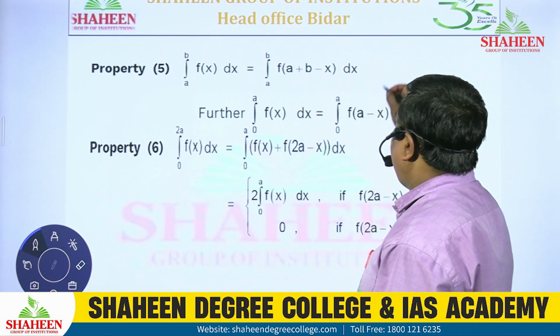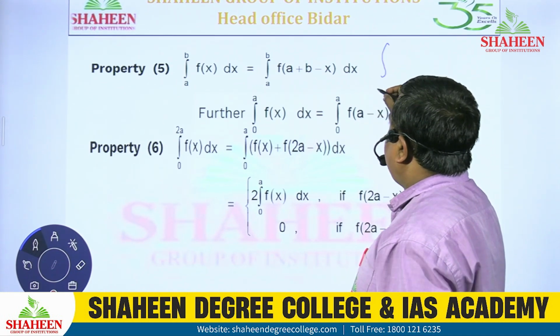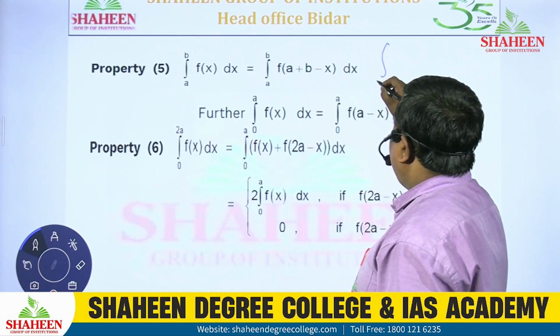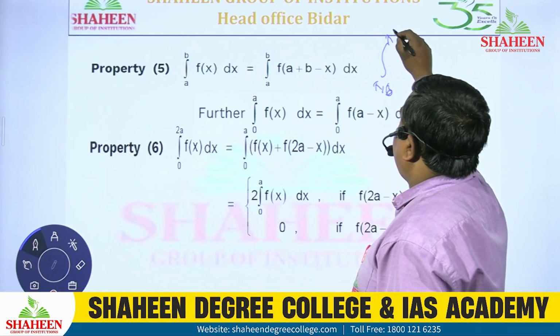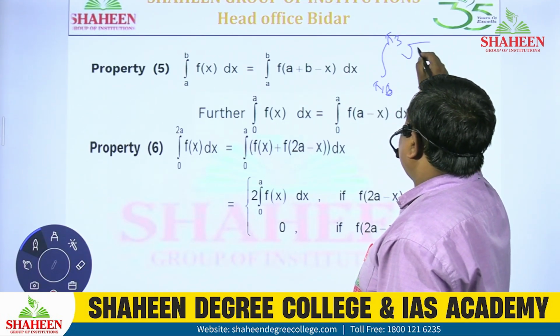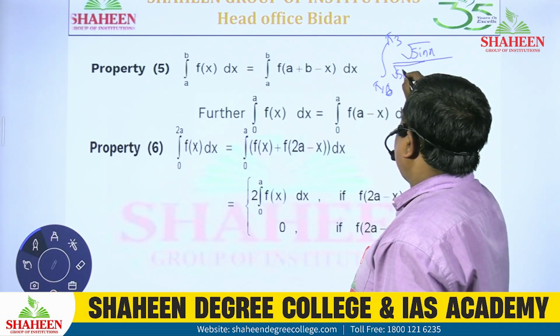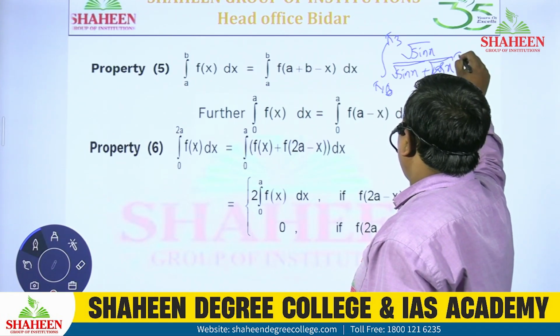For example, we have the limit pi by 6 to pi by 3 of root sin x divided by root sin x plus root cos x dx.